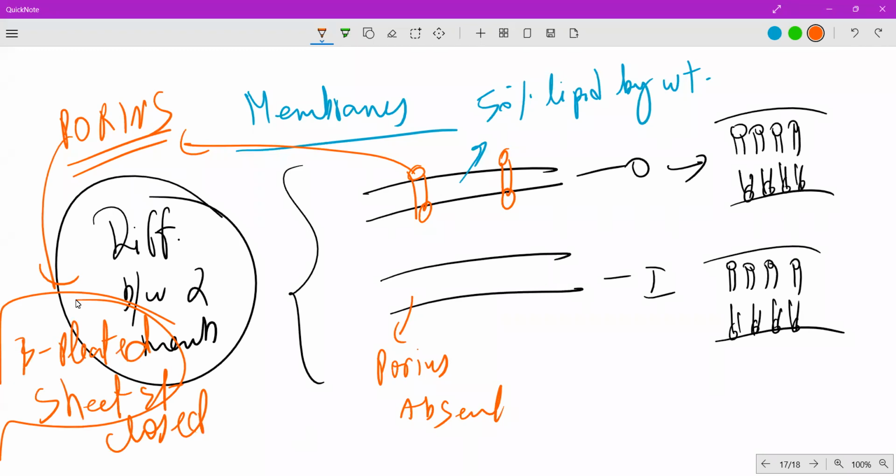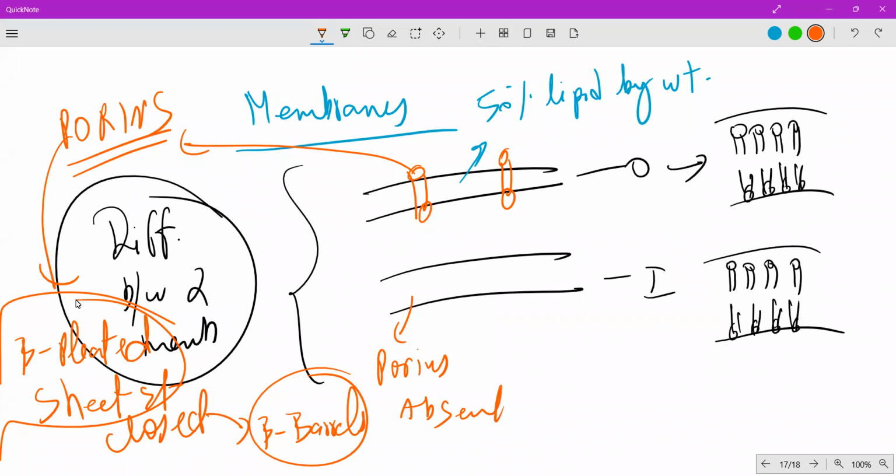These are closed, see, they are circular. That means the sheet-like structure has been closed to form a circular structure. And we call them beta barrels. So that means these porins are in fact beta barrels.